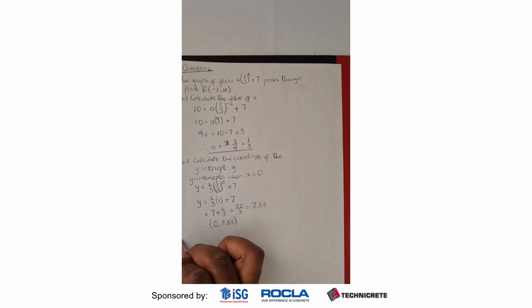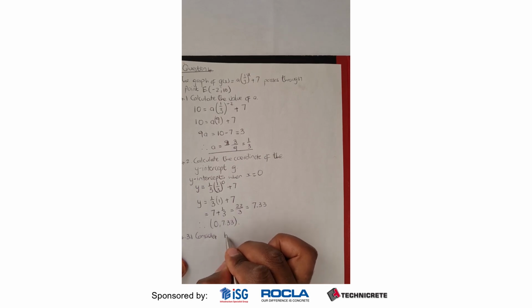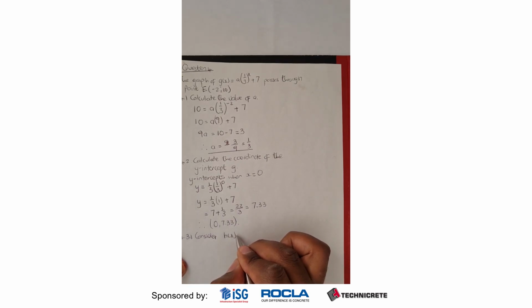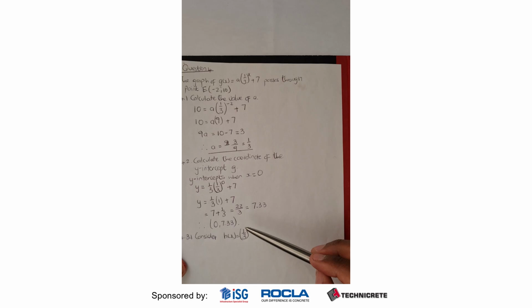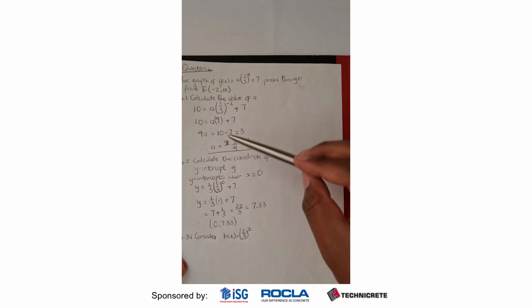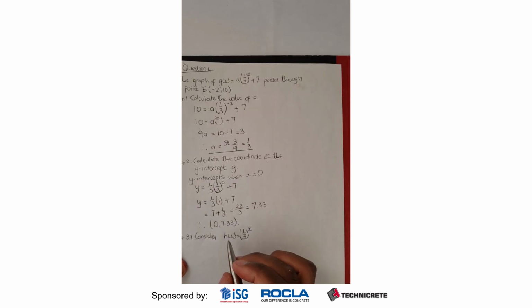Okay, now 4.3, here they're saying consider h of x being 1 over 3 to the power of x. Now, let's have a quick glance at the difference between h of x and g of x.